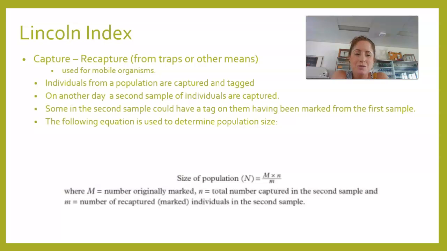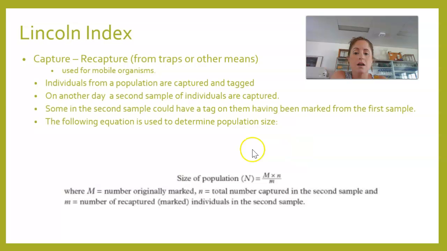So what you really do here is an initial capture of a species, you mark them, and then you release them. Then you come back after a little while and do another capture. Of the ones that you capture, keep note of the ones that were already marked and the ones that weren't marked. If they're not marked, then you haven't caught them before.